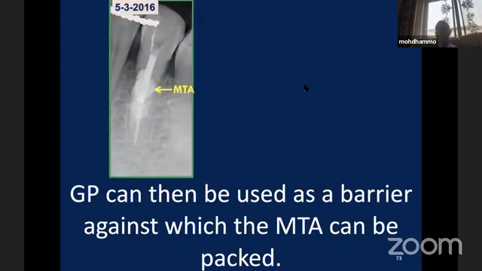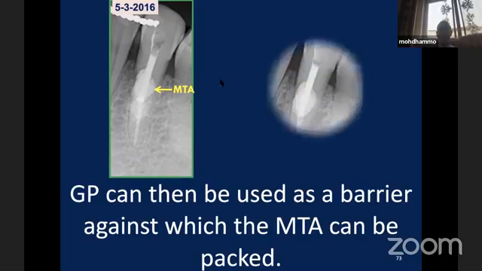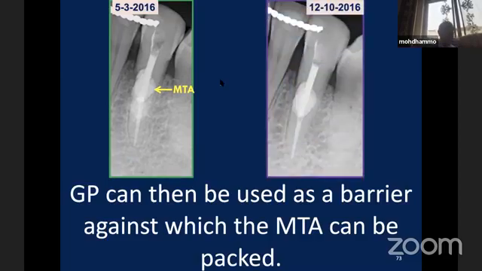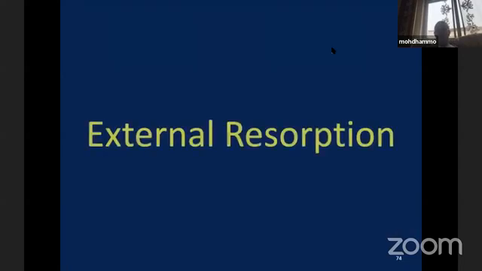Now, this is the MTA, and then the coronal part was filled with the MTA. And let's see the follow-up after seven months. You can see here the follow-up. So this is the part on internal resorption.